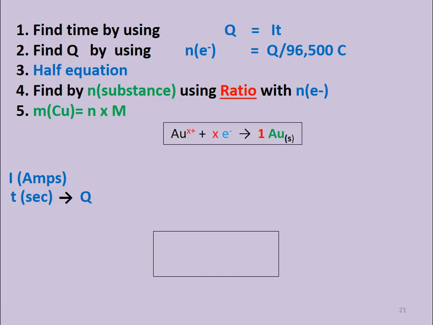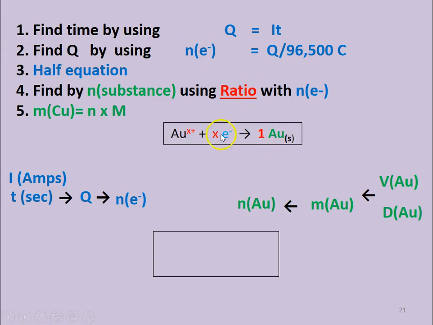We're using IT to find Q, and then turning Q into the number of moles of electrons, and from the other end we're using the volume of the gold and the density of gold to find the mass, and then we turn that into the number of moles of gold. So we've got our 2 parts of our ratio here.